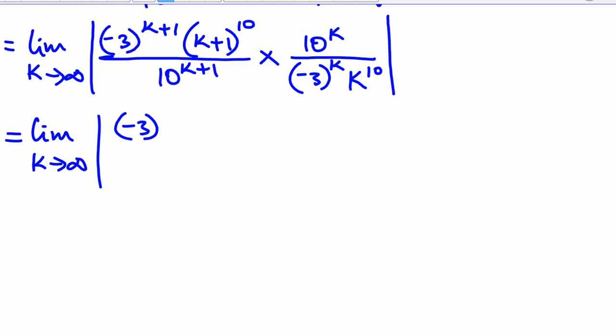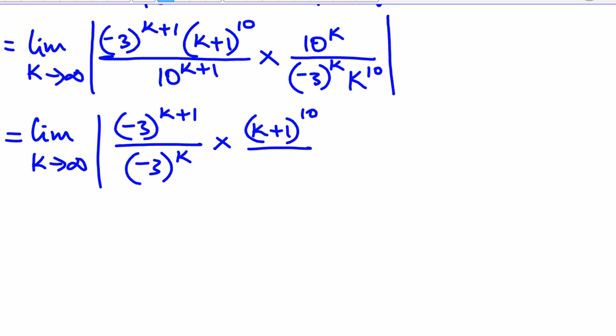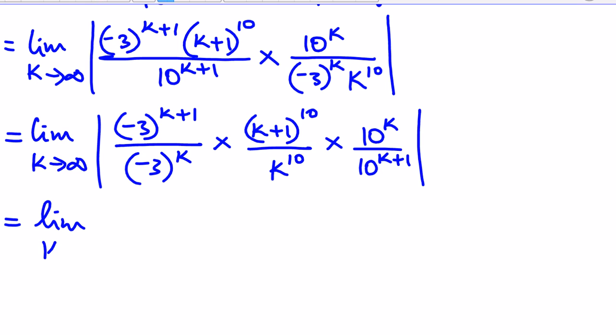So (-3)^(k+1) over (-3)^k, multiplied by (k+1)^10 over k^10, multiplied by 10^k over 10^(k+1). So nothing has changed. I've just rearranged things, all right? Because it makes it easier for me to simplify.